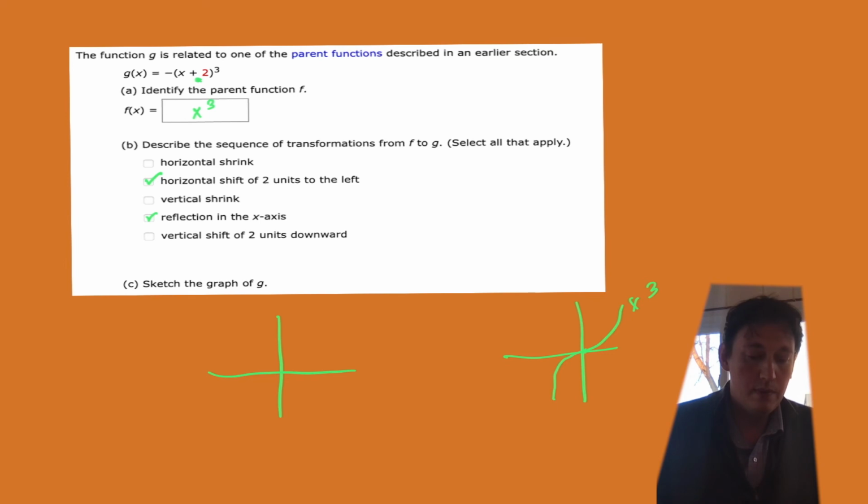So I'm going to concentrate on this vertex here, or this middle here, and then go 2 units to the left. And I'm going to reflect it over the x-axis, which would make it look like this. Imagine this part being reflected this way, and this part being reflected that way around the x-axis, and that would give me this new graph here. So there you go. That's my answer.